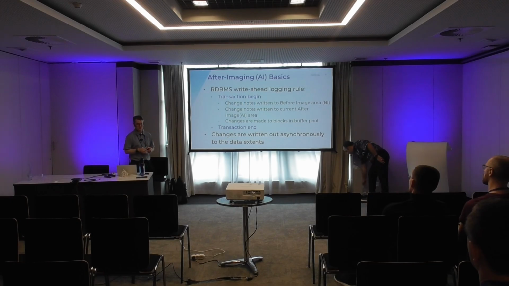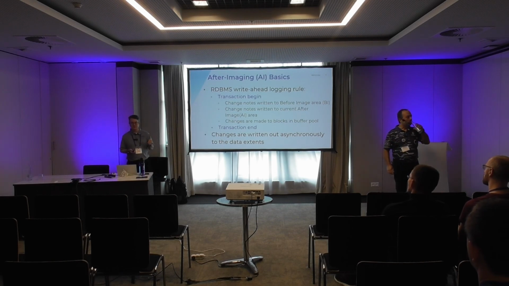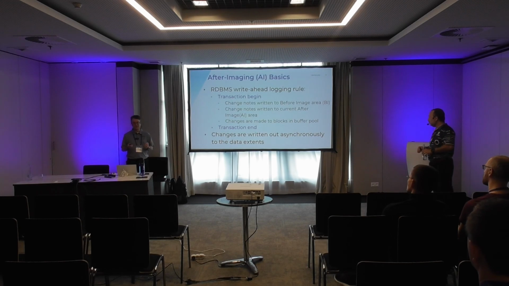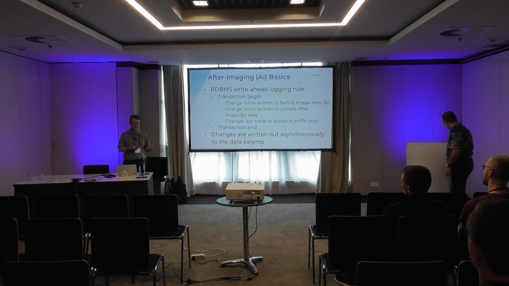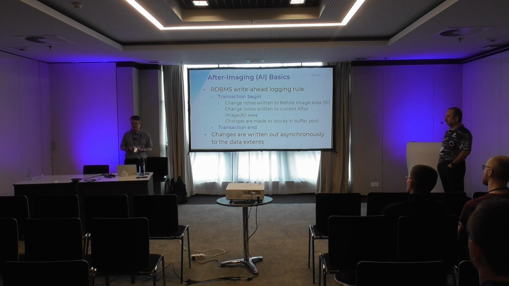So a transaction starts, and the first thing that has to happen is that the notes that describe that change are written to the before image file. This is the database's undo, redo log, and that's required both for durability of changes and also to facilitate crash recovery. After that, the changes are written to the AI area, assuming that AI is enabled.